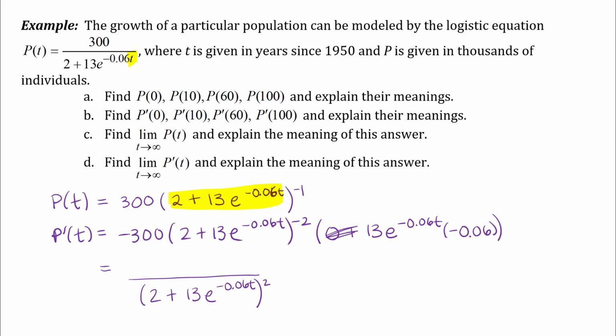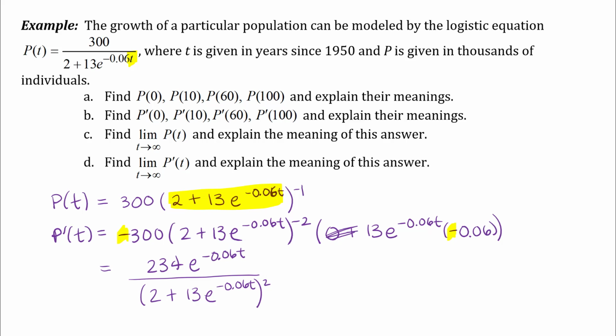I have a negative times another negative, so that'll be a positive on the numerator. And then if I multiply 300 times 13 times 0.06, I get 234. And then I'll have e to the -0.06t. And while you don't have to do that simplifying, since I'm going to be plugging some numbers in here and thinking about a limit, it might be easier to do that.